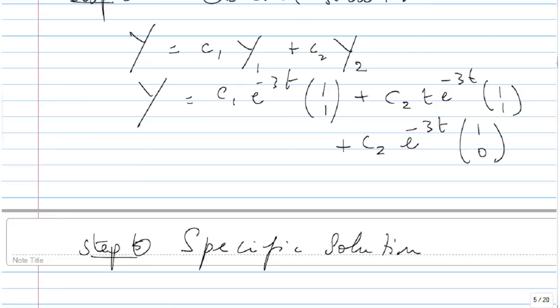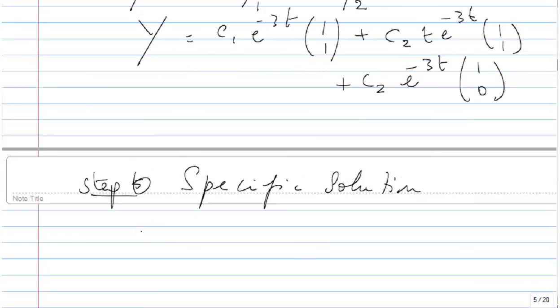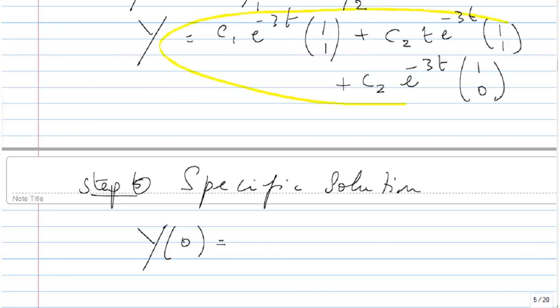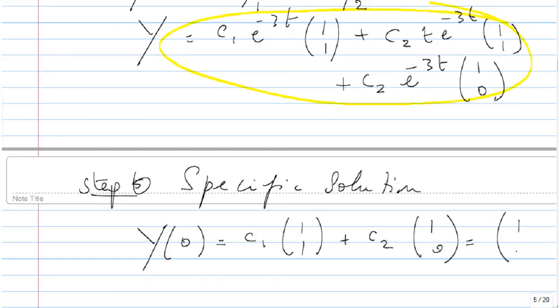We have the initial condition, we found the general form, so we just need to find Y of 0. If I plug t equals 0 in the general solution, I will find c1 times 1, 1, plus c2 times 0, so it cancels, and then we have only c2 times e to the minus 0, which gives 1, times 1, 0, equal to the initial condition, which is 1, 0.